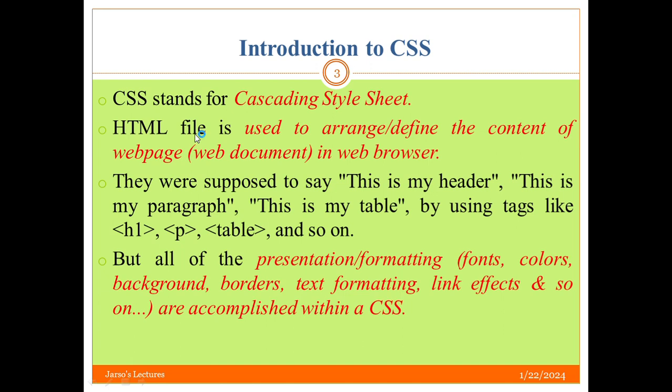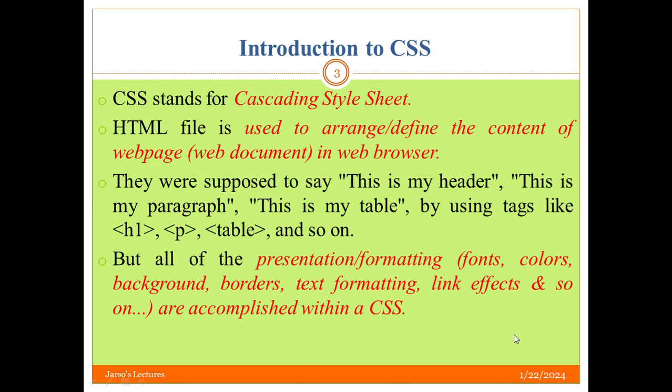The first point is that an HTML element is defined by HTML tags in a web page or in the web browser. And the formats of the defined element, which is defined by the HTML file, are done by CSS. This is the purpose of why we use cascading style sheet.